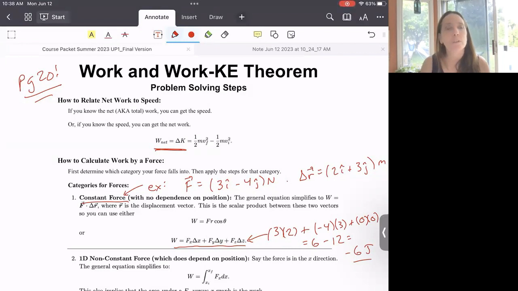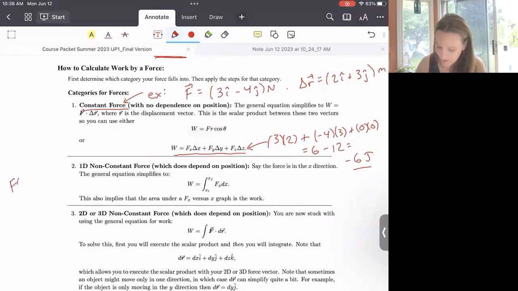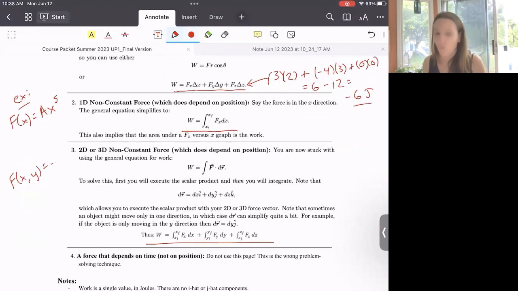So don't be fooled that you have a non-constant force just because it's 2 or 3 dimensional. There's an easy shortcut for that. If you have a force and it is a function, something like f of x equals a x to the 5th, for example, then you would use the integral. Or if you have multiple dimensions where you have f of x and y, then you use this longer version, sort of worst case scenario, I like to say, where you plug into that equation down there.